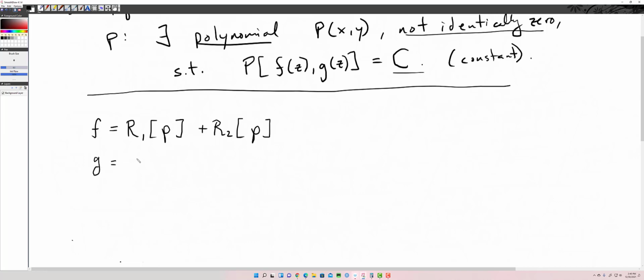So here we go. What I'm going to do is, as in problem 5, I'm going to write out f and g as the sum of even and odd functions again.